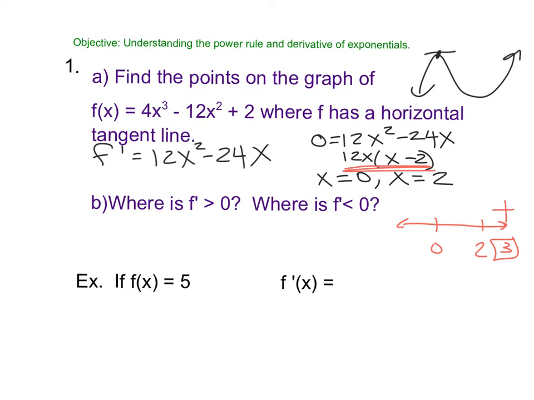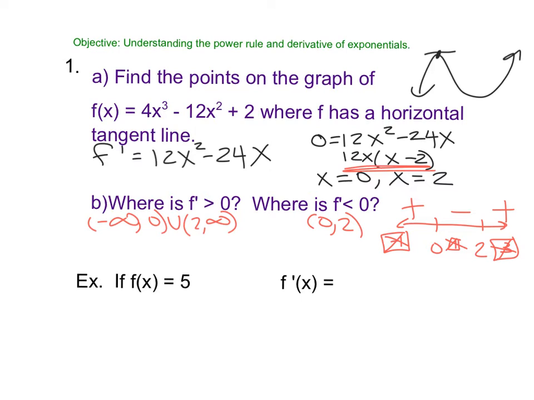If I plug in a number between 0 and 2, say 1, I get a positive 12 times negative 1, so it's a negative. If I plug in negative 1, that's negative 12 times negative 3. That's a positive. These are just test points, they're not answers. So f prime is greater than 0 from negative infinity to 0 and 2 to infinity. F prime is less than 0 from 0 to 2.